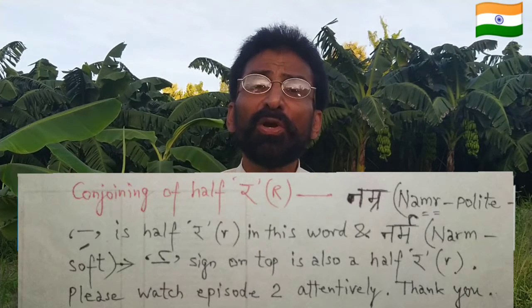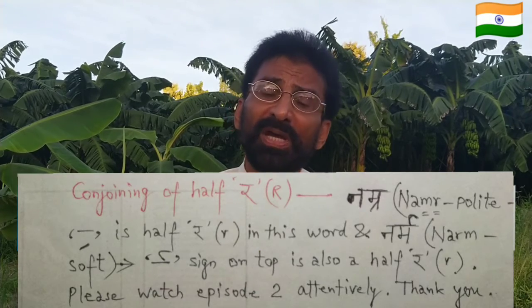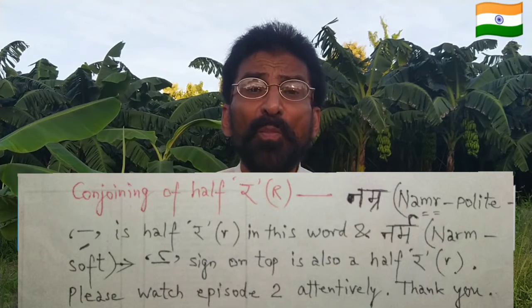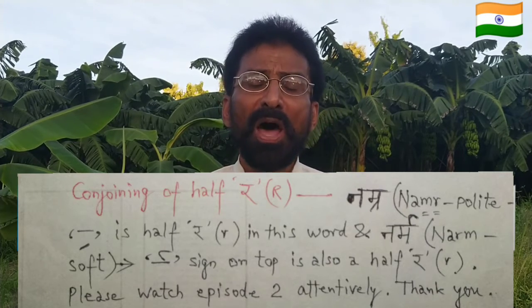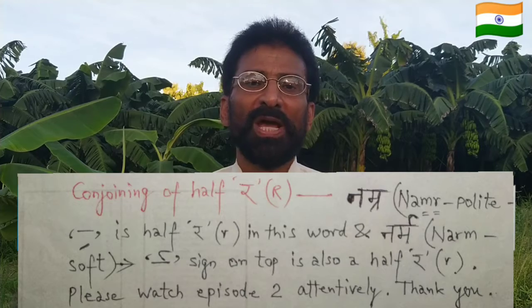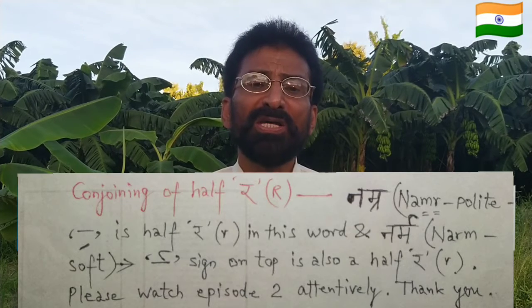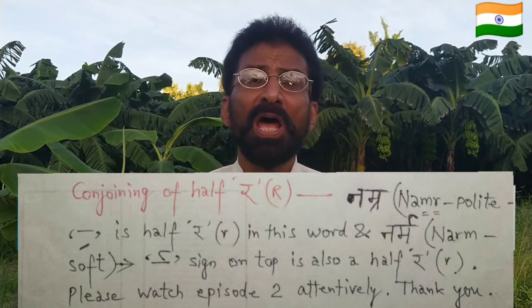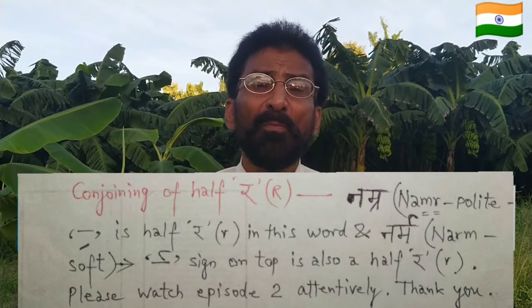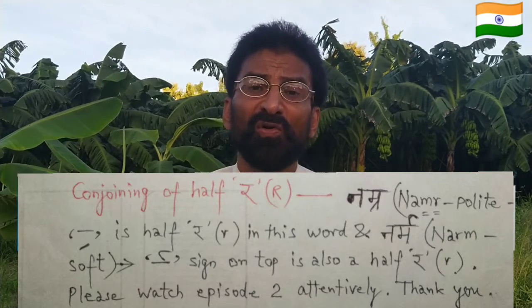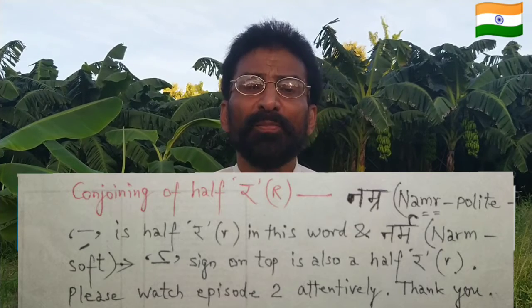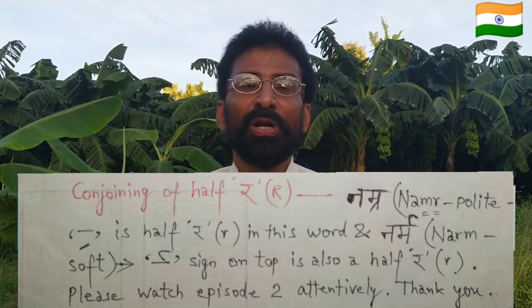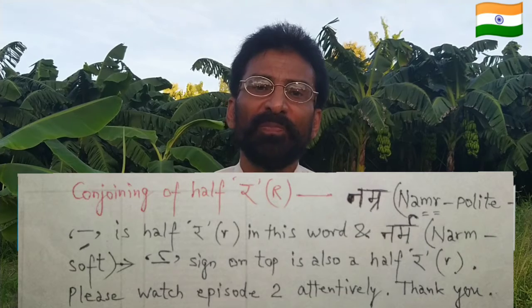Let's try to pay attention to this word. Namra. As you can hear, na is just like a whole consonant, and then half ma, nam, and then ra is full. Namra. So the last letter ra is full.